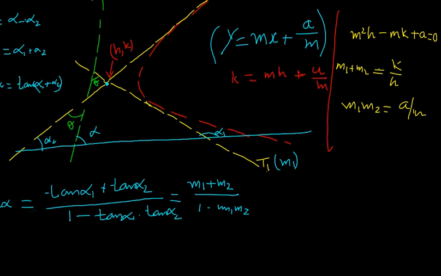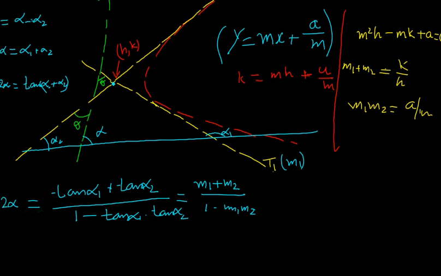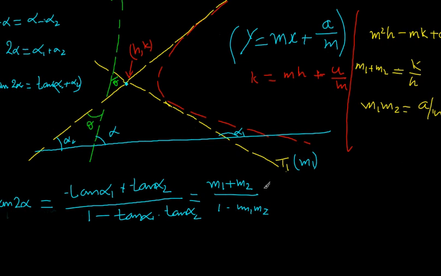What you will get? k by h divided by 1 minus a by h, which is k by h minus a, h will get cancelled.